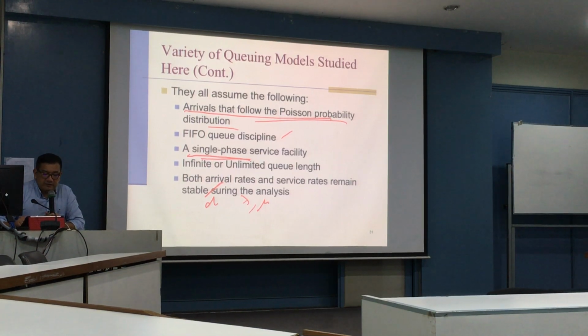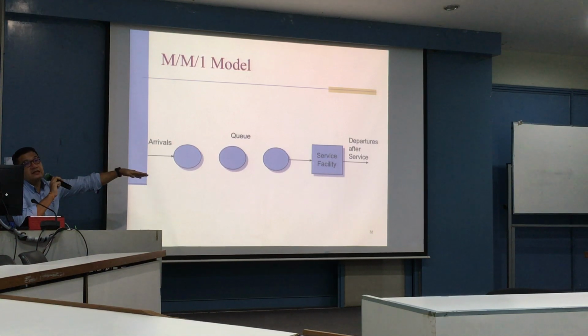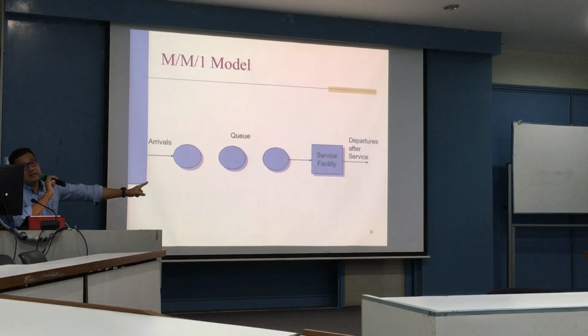So let's see the first one a little bit. The first model we call the M/M/1 model. For the M/M/1 model, customers stay in one single line. So we have only one single line of customers and only one service provider, one service facility.